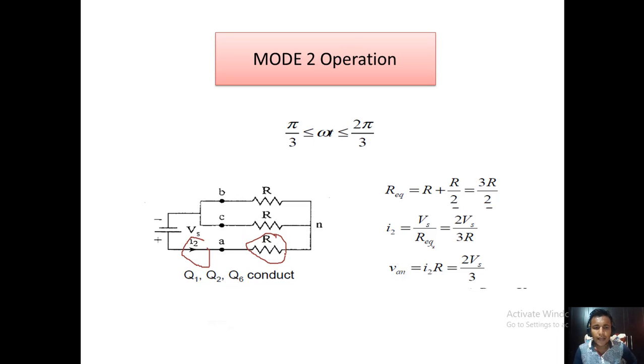So we can write I2 into R, that is equal to 2Vs by 3, because I2 is 2Vs by 3R and we multiply by this resistor R. So the answer is 2Vs by 3.